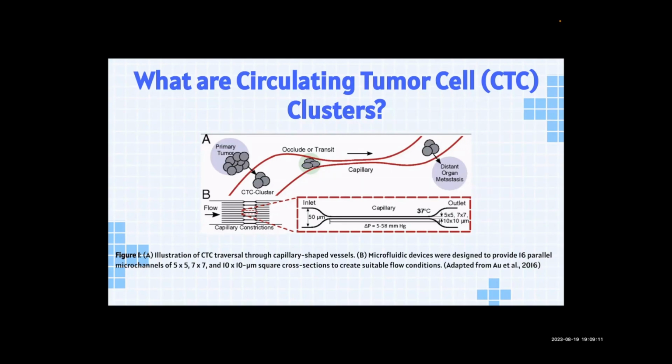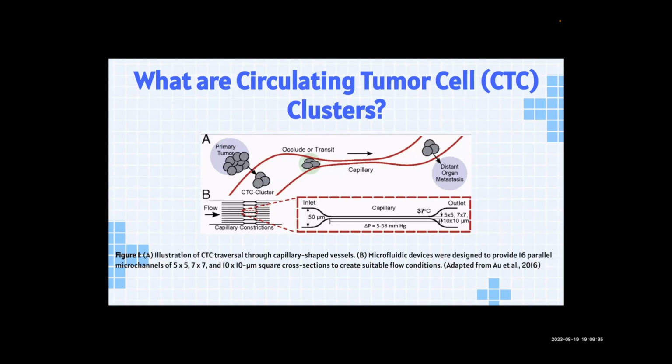The clusters then combine with other tumor or non-tumor cells, such as cancer-associated fibroblasts or epithelial cells, to name a few. It was discovered, as shown in Figure 1 on the slide by Au's study, that CTC clusters can transit through capillary-sized vessels through a specific process.